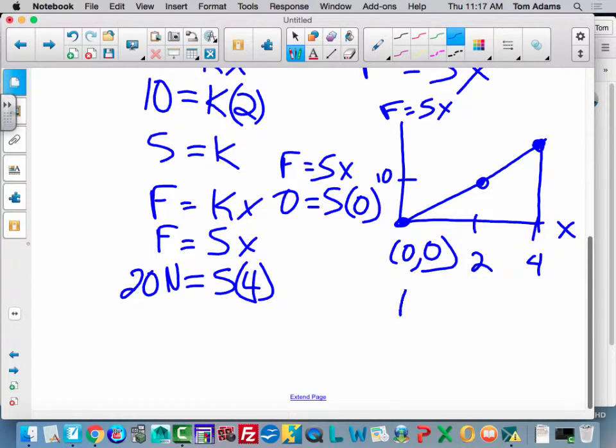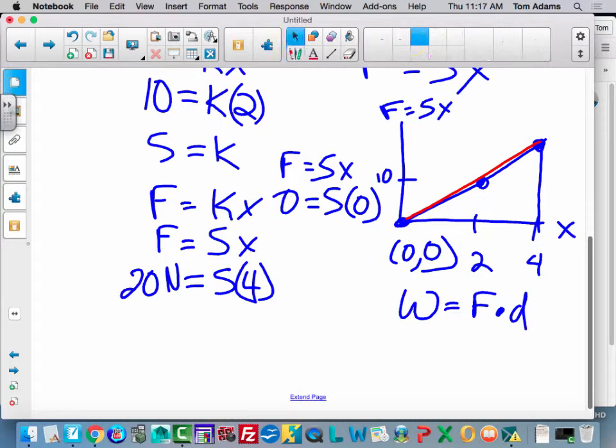But we said work is equal to force times a distance. Well, this is technically a varying force, right? This line represents the force over distance. And then this value right here represents the distance.